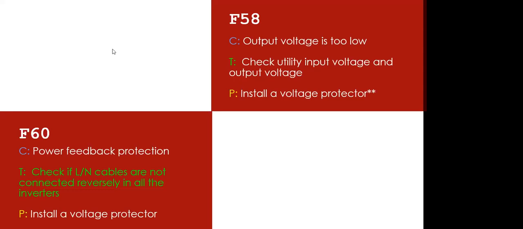Then another one we need to check is F61. Commonly we do have some questions about F61. Some people set the inverters on program 5. This is common when we are using lithium batteries. Some people will try to connect the BMS to the inverter by selecting, in program 5, lithium battery, or Pylontech, or Weco.